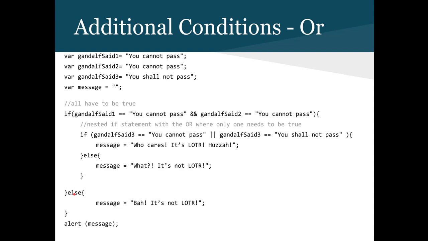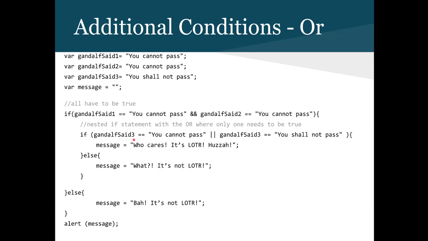If Gandalf said 1, you cannot pass, and Gandalf said 2, you cannot pass, then we know that it's Lord of the Rings. If either of those values was not true, then we would know that it's not Lord of the Rings.